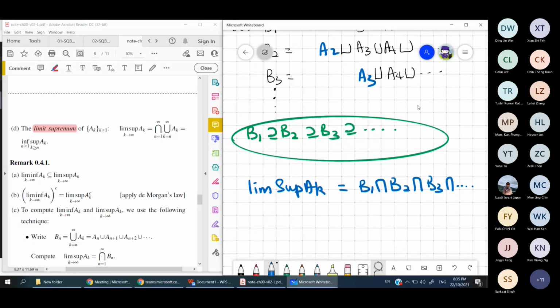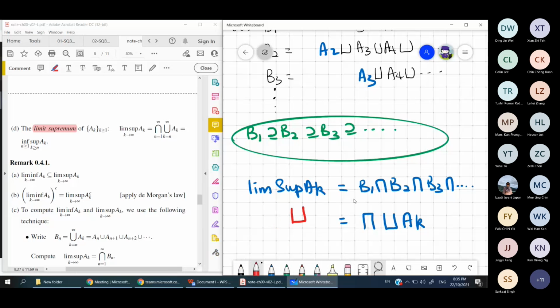And if you look here, each B is a union, right? So this is actually equal to the intersection and union of Ak. That's why for this supremum, you put it this way: supremum union, then limit, and we consider intersections.